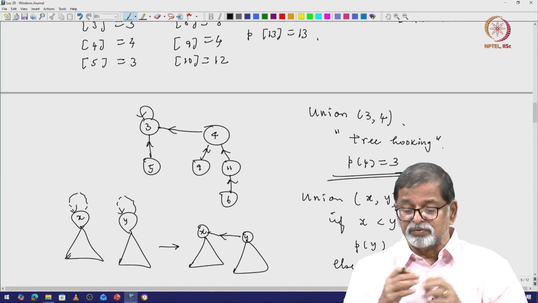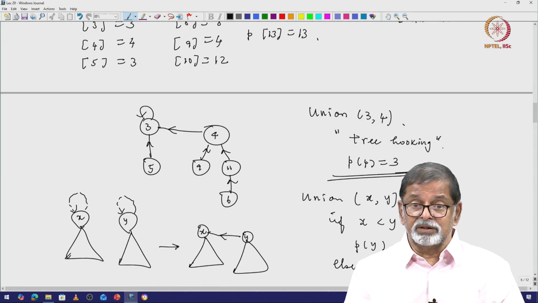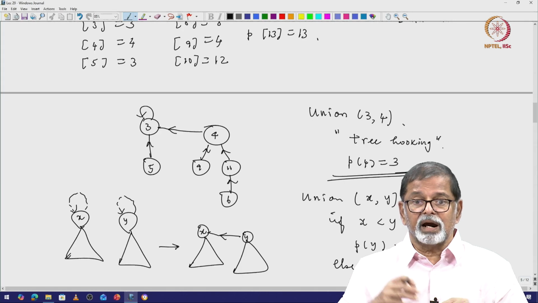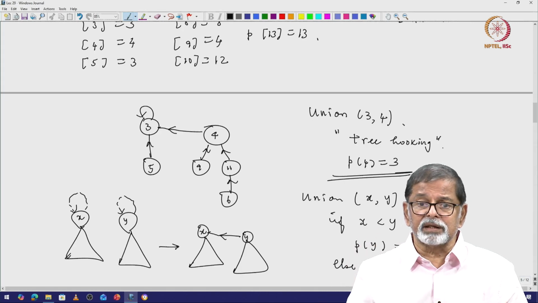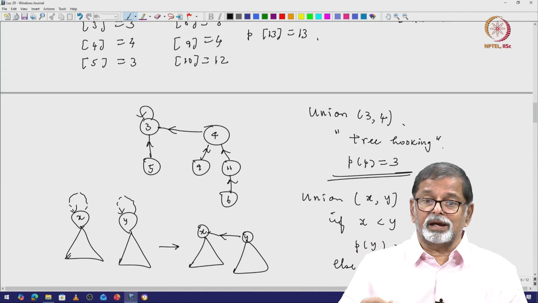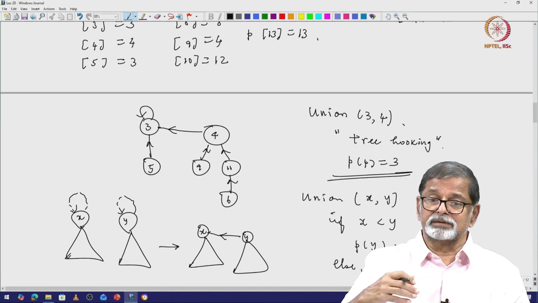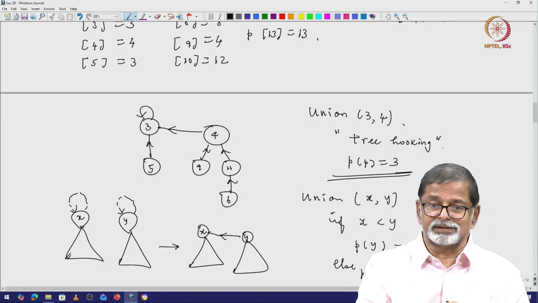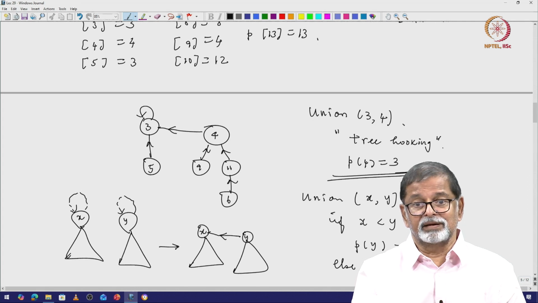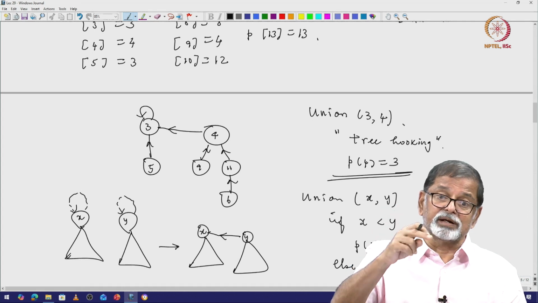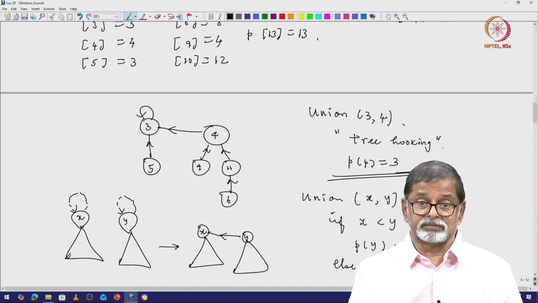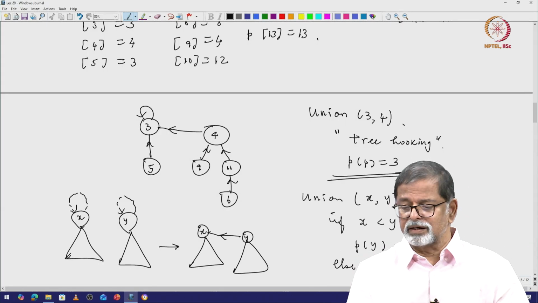If you want to do the find x, you start from x and keep moving from there. There must be a value y that keeps moving along the ancestor. When that moving value reaches the root, you return that.